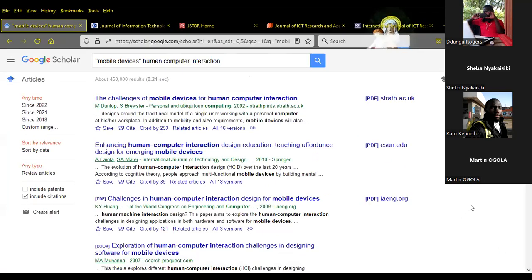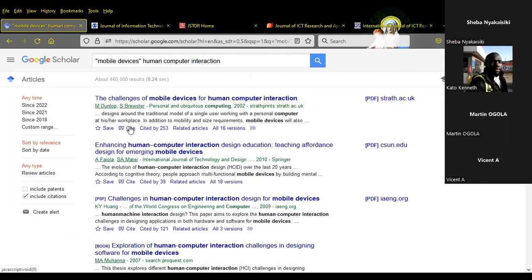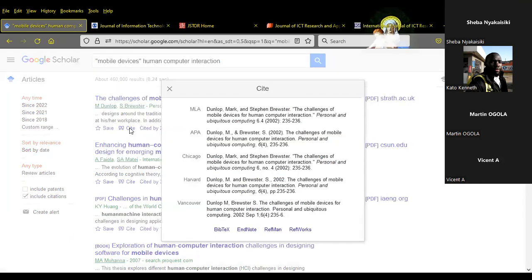Another nice thing about using Google Scholar is if you want to cite the article you've got, simply click on the word that says cite, and then pick. It will give you all the formats that are available.